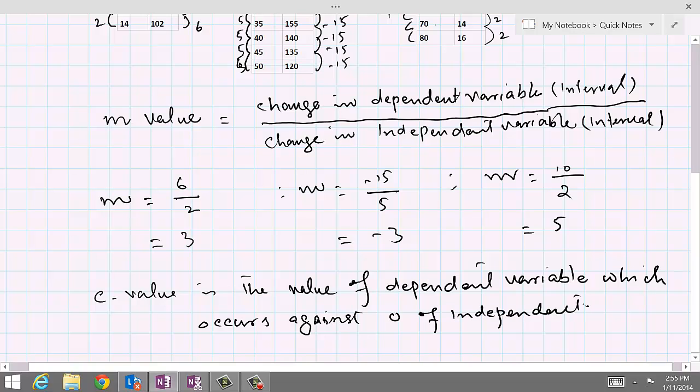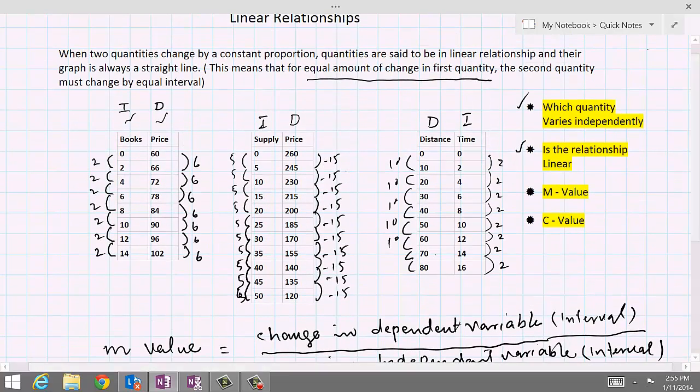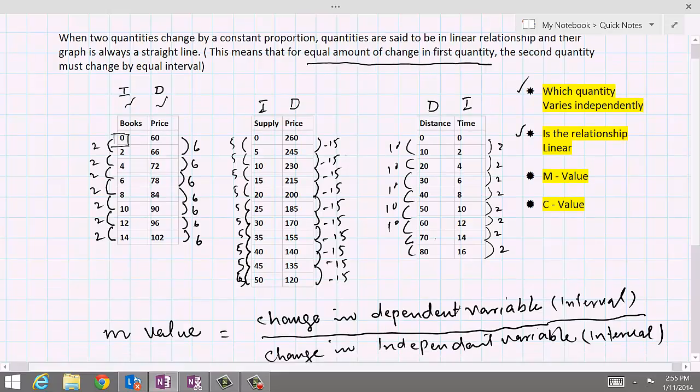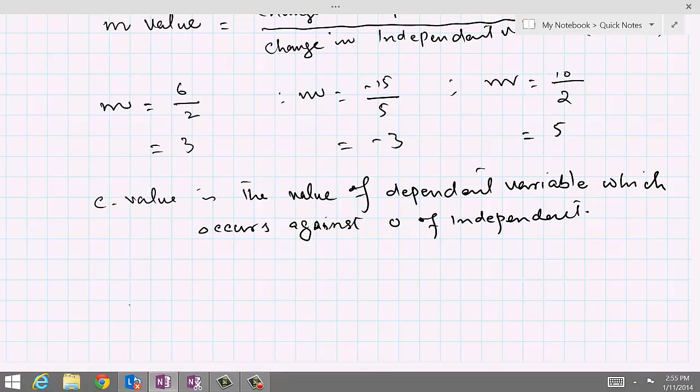Like when you take a look at the independent, which is the number of books, the 0 is right here. Against the 0 of the independent, whatever is the value of the dependent should be taken as the C value. So here 60 is the C value for the first data set. So for the first data set, the C value is equal to 60.